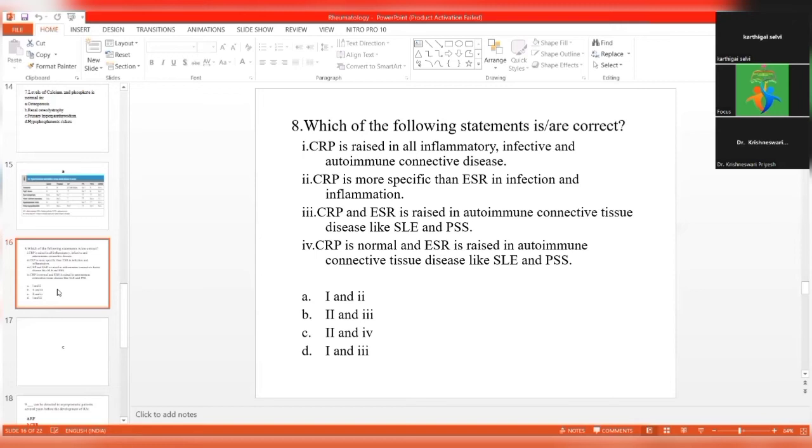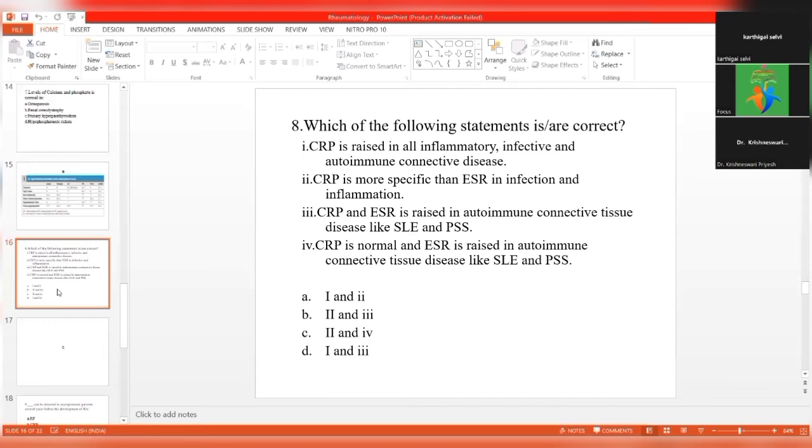And the fourth statement says that CRP is normal and ESR is raised in autoimmune connective tissue diseases like SLE and PSS. Be very careful. The question is which of the statements are correct. So one or two statements will be correct here and some will be wrong. So we will see which is the correct answer. The first correct statement is that CRP is more specific than ESR in infection and inflammation.